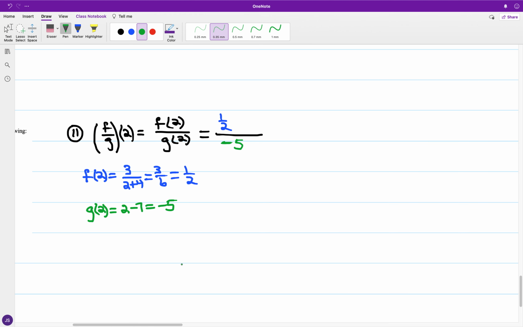For the view here, I'll just stretch this out a bit. So you have 1/2 divided by negative 5.